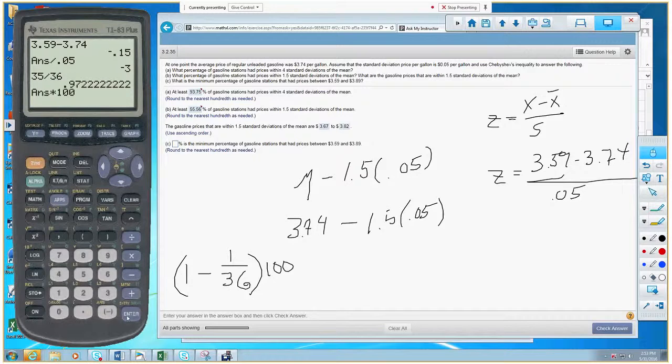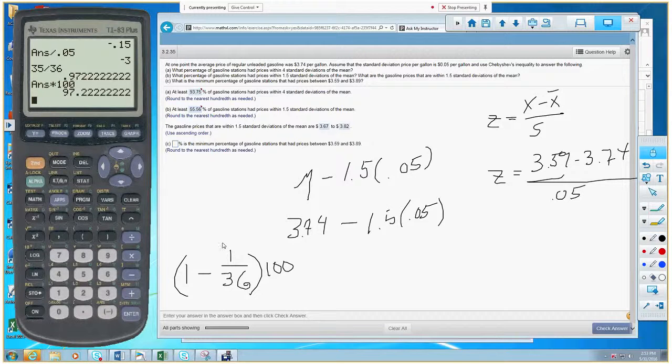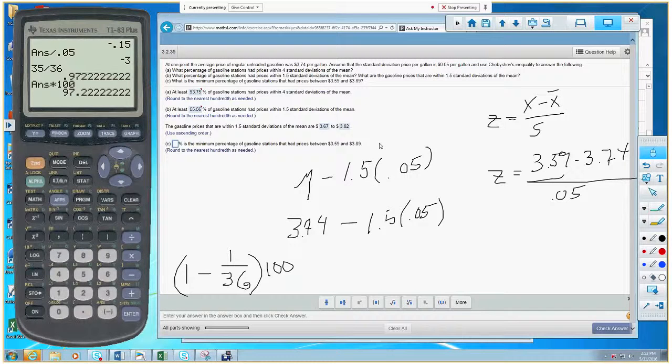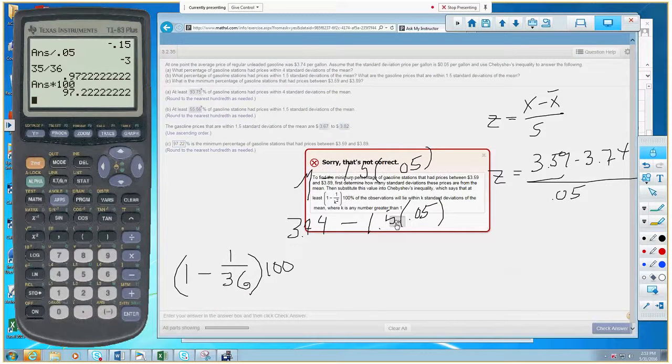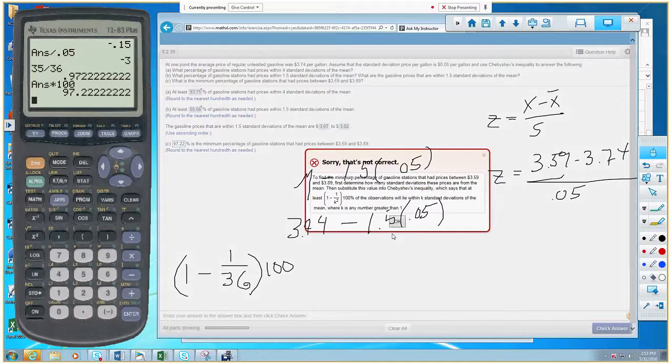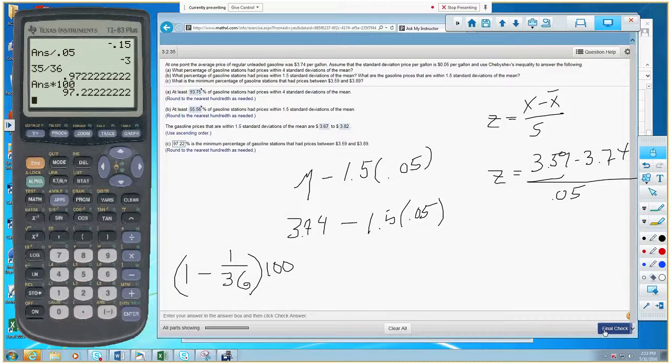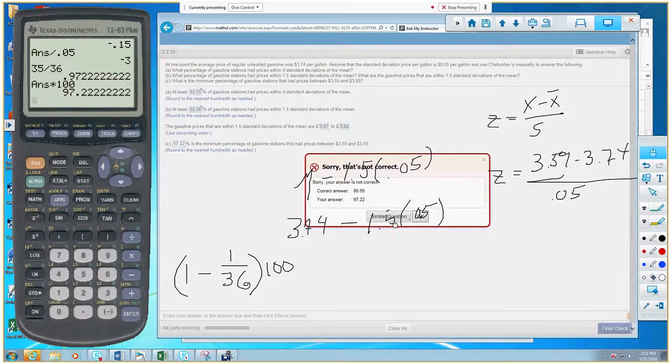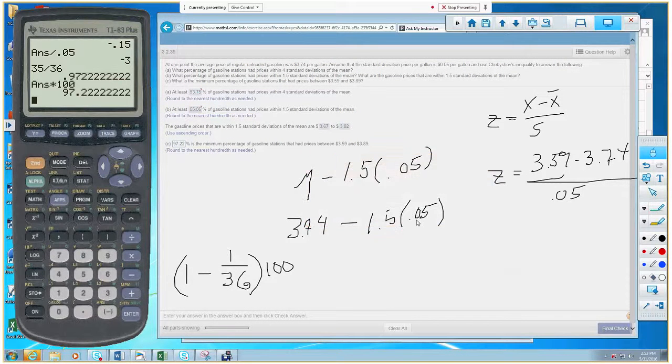And I think with the empirical rule, you get 97.5, but that's close enough for government work, 97.22. So you would type that as 97.22. And check. Ooh, got it wrong. Oh, I didn't round. I'm sorry. It should be 97.2. Huh.